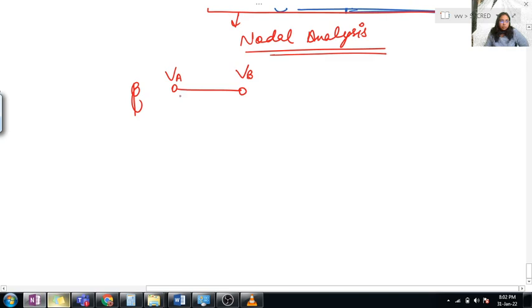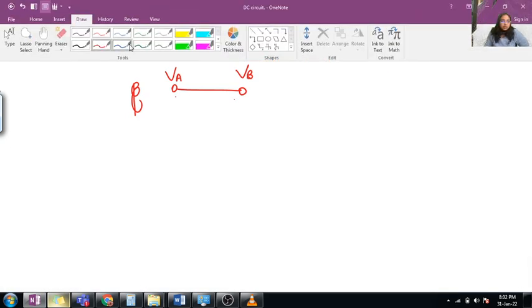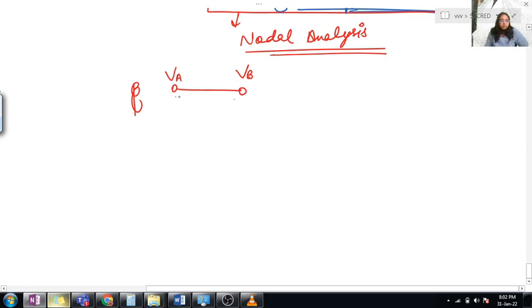Since this is a plain wire, at each and every point the potential will always be the same, because there is no element connected between these two points. So in this case we can consider that VA is equal to VB.